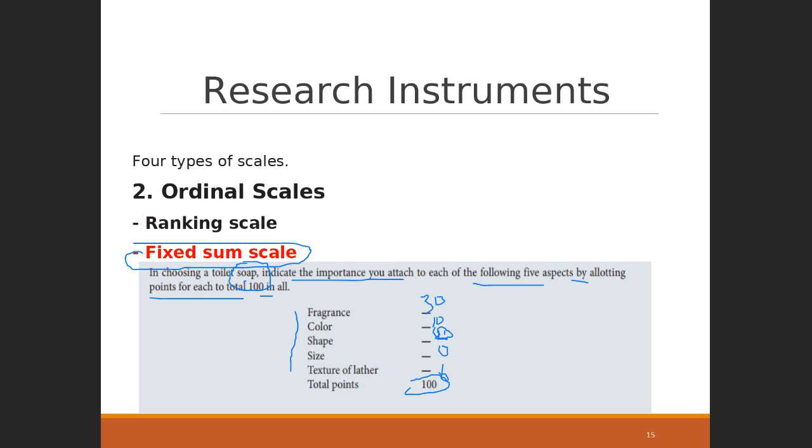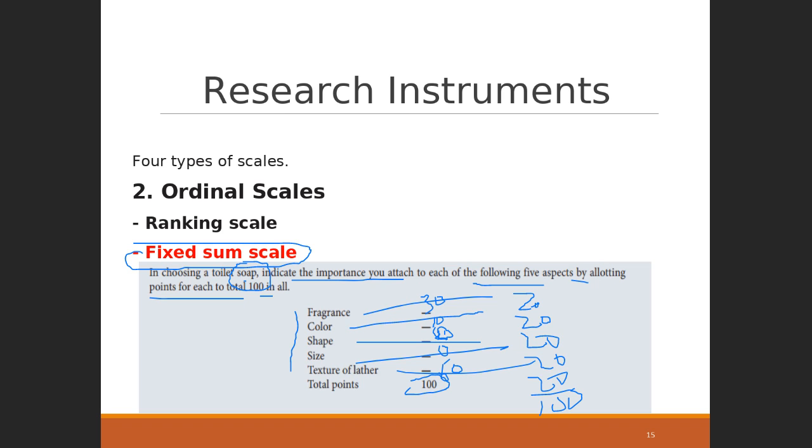Okay, so 60 points to the texture of leather. So it totals 100. So this is the fixed sum scale. Maybe some respondent would say 20 to fragrance, 20 to color, 20 to shape, 20 to size, and 20 to the texture. For that particular respondent, all characteristics are equally important.